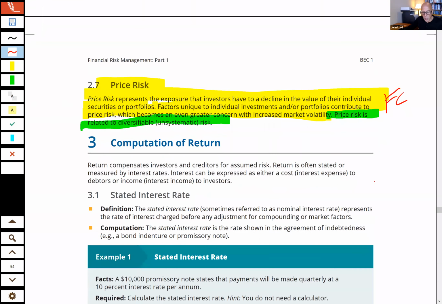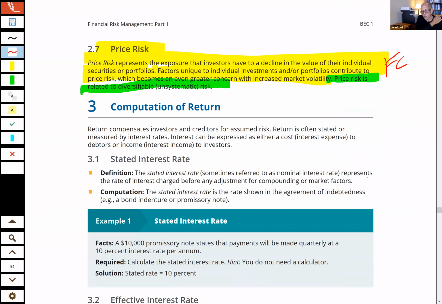Okay. All right, good. So we have some definitions, and we're going to continue with definitions, but we're also going to see some computations here. So first off is stated interest rate, and the stated interest rate is the easiest one, in that it is basically what is stated in the terms of the agreement.